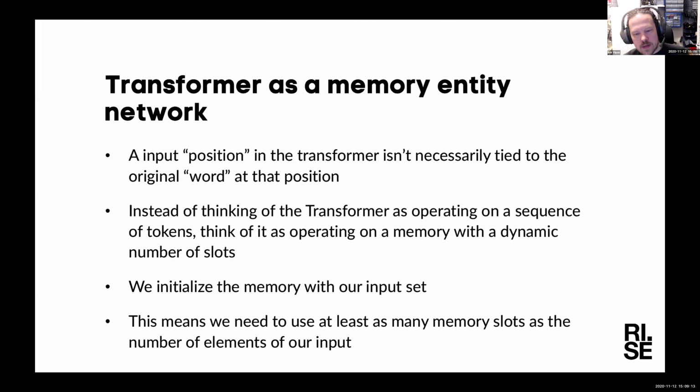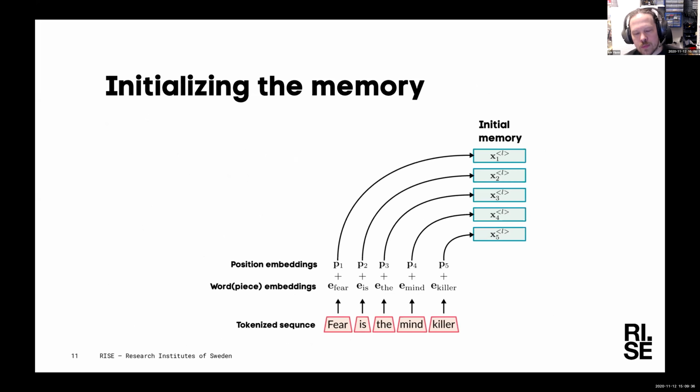The way we do this for working with our inputs is that we initialize the memory with our input set, for example a sequence. And this means that we need as many memory slots as the number of elements in our input. But the neat thing about the transformer is that the number of memory slots we use is dynamic. And it's really this read operation which we train, or read and transform operation.